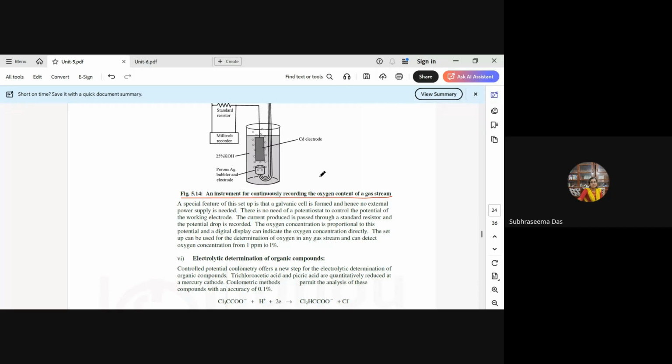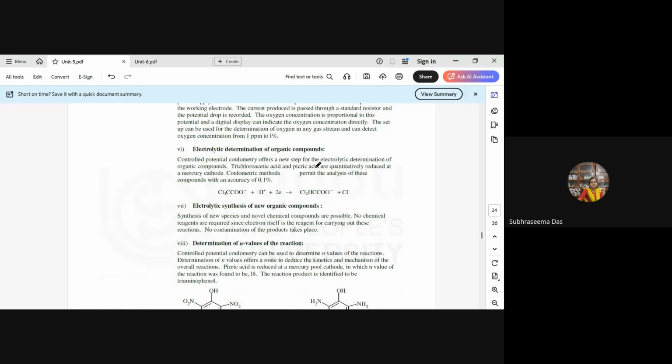The current produced is passed through a standard resistor and the potential drop is recorded. The oxygen concentration is proportional to this potential and a digital display can indicate the oxygen concentration directly. The setup can be used for determination of oxygen in any gas stream and can detect oxygen concentration from 1 ppm to 1%.